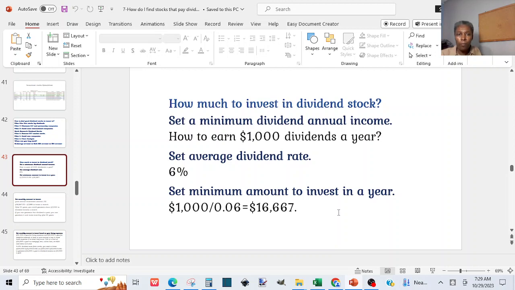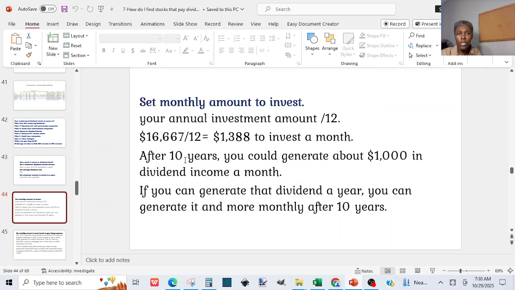You don't even have to invest $20,000 before you start earning $1,000 a year in dividend. That's just an example there.